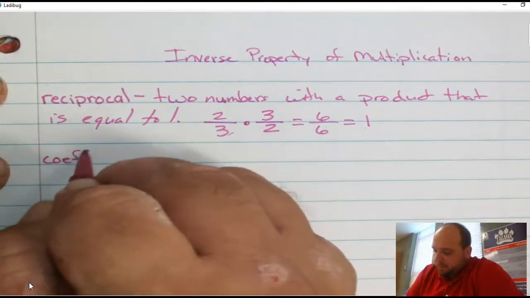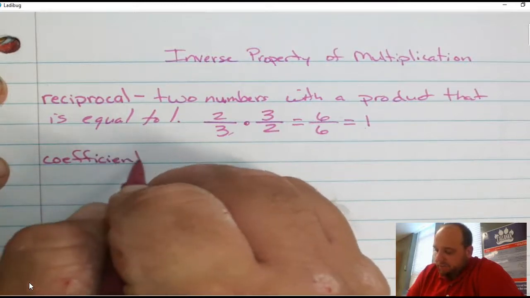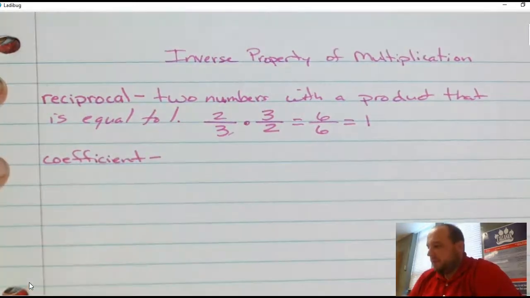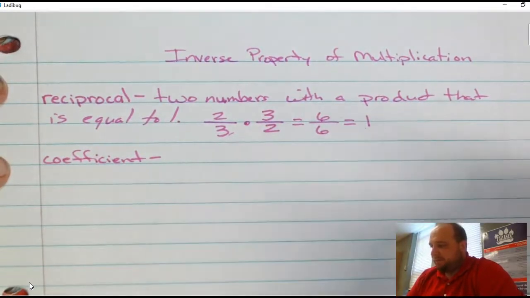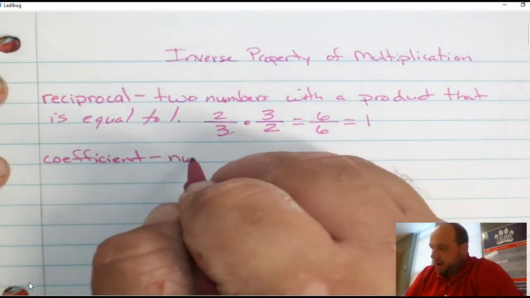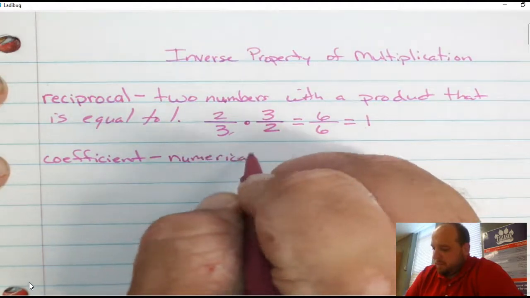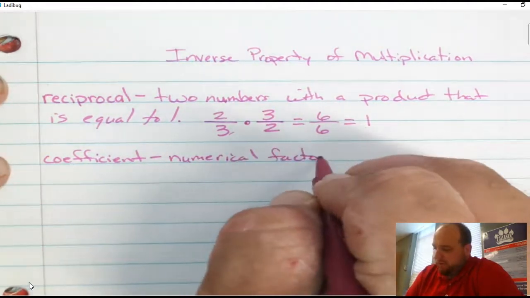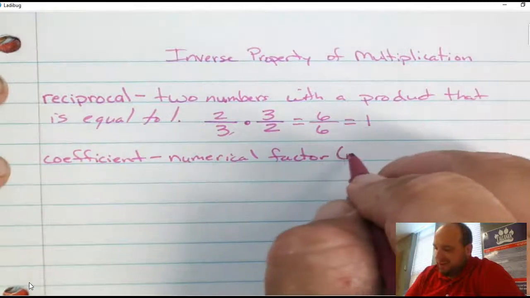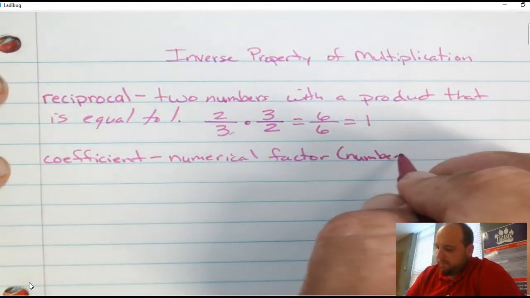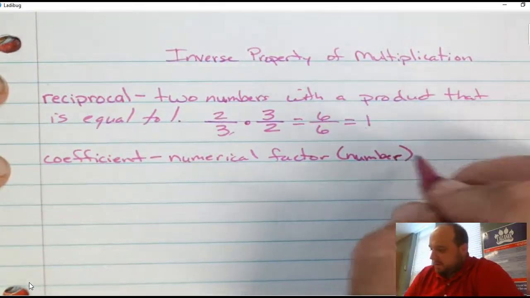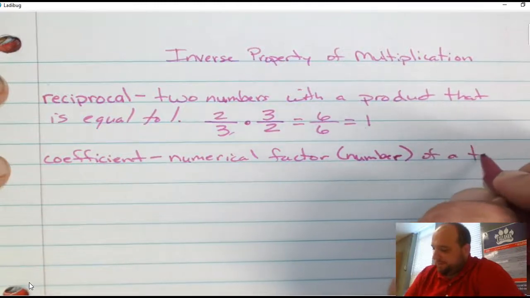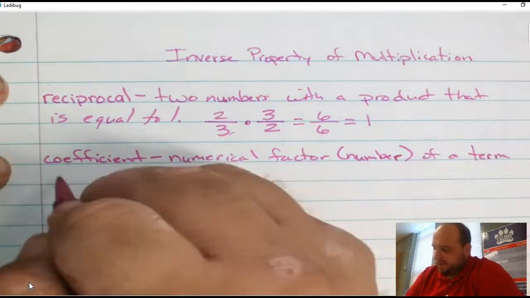Coefficient is our next vocabulary term. Basically, it's a numerical factor of a term that contains a variable. So a numerical factor, aka a number, of a term that contains a variable.